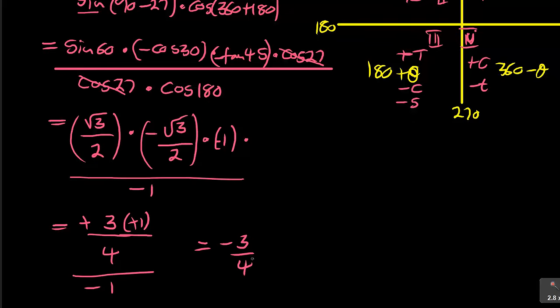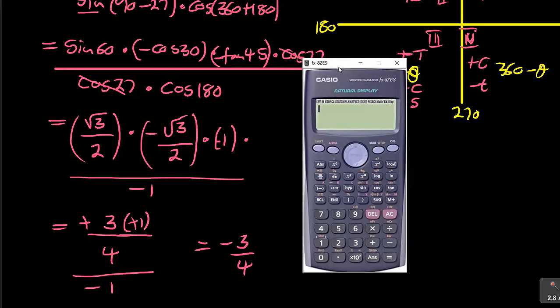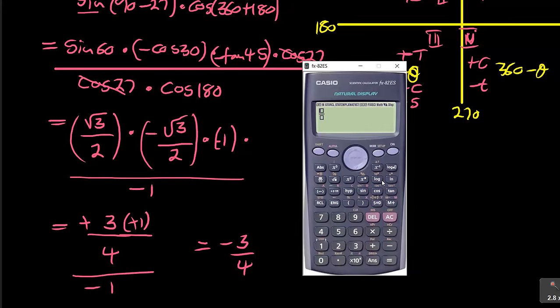You can just use a calculator here just to have an idea what you're dealing with. So what you do is, you've got that, which is root 3 over 2, because you have to use the calculator somehow just to cross check whether you're doing the right thing, times negative root 3 over 2, like this, times negative 1.